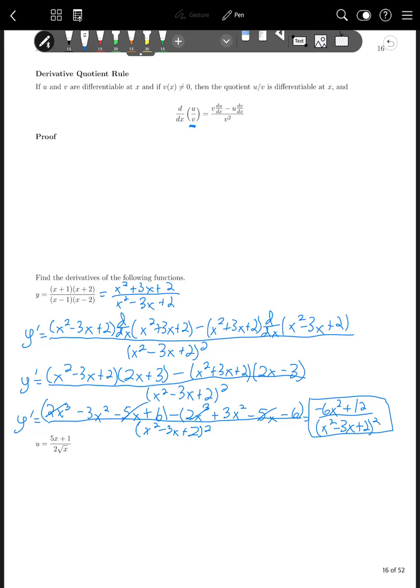Okay, so let's try another one. So another one here we could do with the quotient rule. We're dividing, so we want to rewrite this using the quotient rule. So to find u prime, we take the bottom, times the derivative of the top, minus the top times the derivative of the bottom, all over the bottom squared.